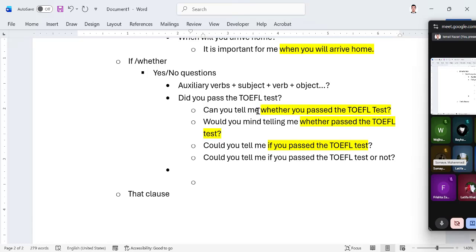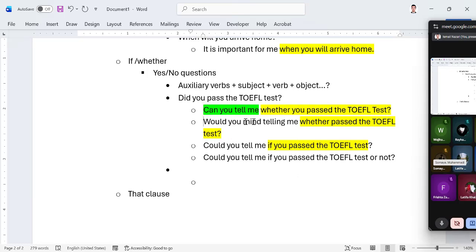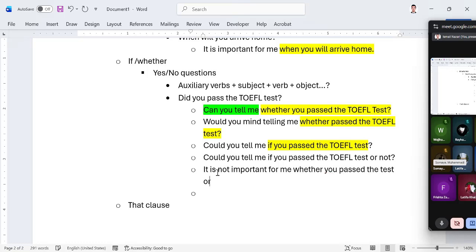Look, I told you that this part is part of our main clause, so it's changeable. You can use anything. You can say, can you tell me, or would you mind telling me, could you tell me? They're changeable. So for example, even you can say, it is not important for me whether you passed the test or not.